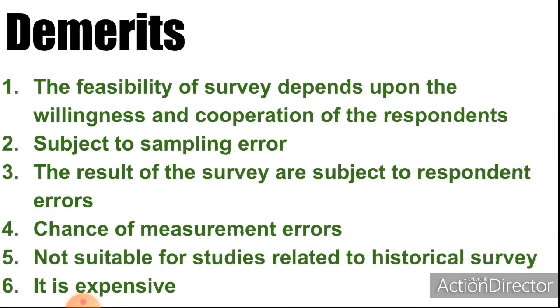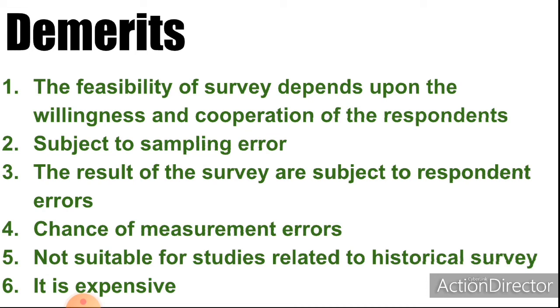Now some demerits of these methods are: the feasibility of survey depends upon the willingness and cooperation of the respondents. If the respondents do not cooperate, the researcher cannot conduct the research smoothly. Next demerit is that this method is subject to sampling error. Error may occur while conducting this method.